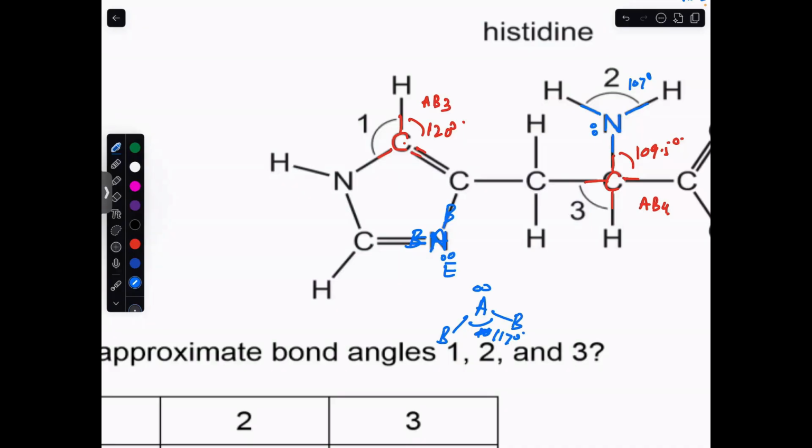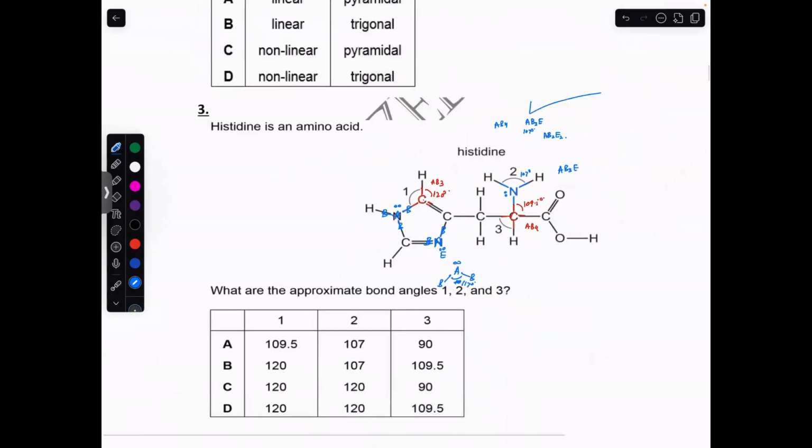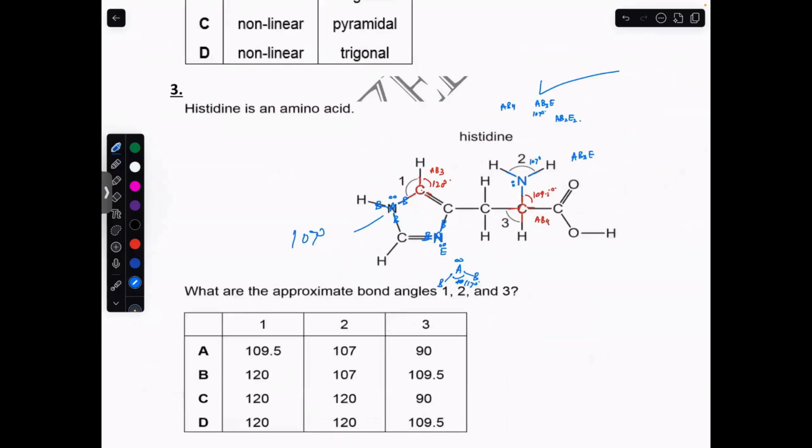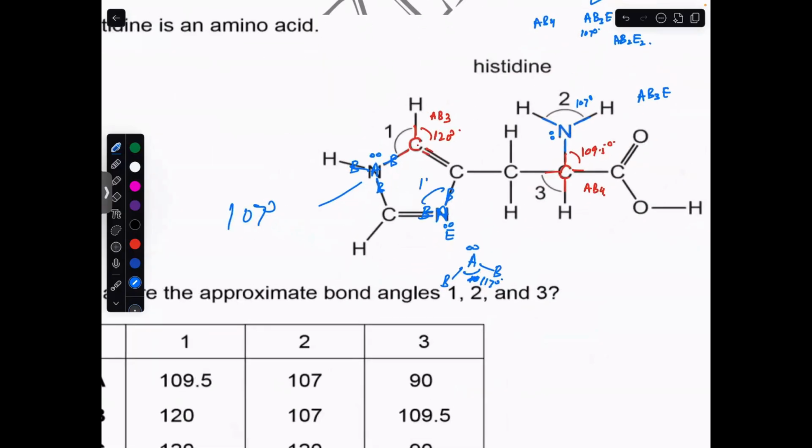Right? This is A, B, B, B, but this is group 5, a lone pair. So it is AB3E. If it is AB3E, the angle is how much? This is 107. This one is 117 if they ask you, right?